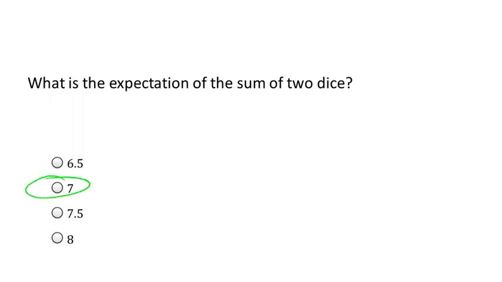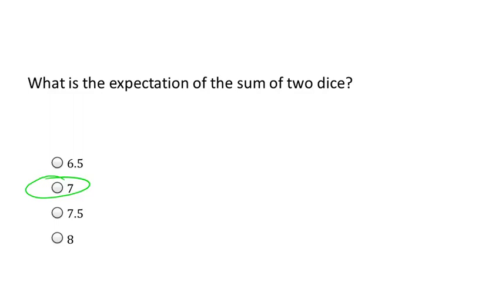Okay, so the answer to this question is the second option. The average value is 7. There's a bunch of different ways to see that. In my opinion, the best way to compute this is using linearity of expectation, which is the next concept we're going to cover. If you wanted to, you could just compute this by brute force, by which I mean you could iterate over all 36 possible outcomes, look at the value of the two dice in each, and just evaluate that sum we had in the definition on the last slide.